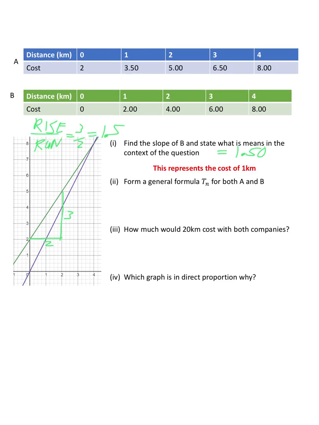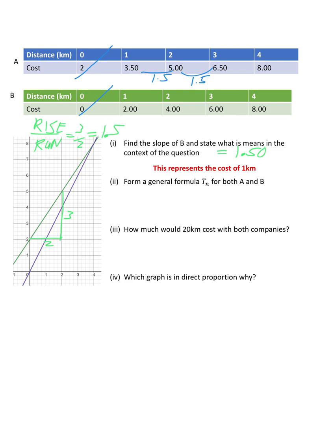Okay, so now part 2, we need to form a general formula Tn for both A and B. Now, just like the previous one, I'm going to start from 1. I'm not going to start from the 0. So I'm going to put a line through those. Now, for A, we can see it's going up by 1.5 every time.